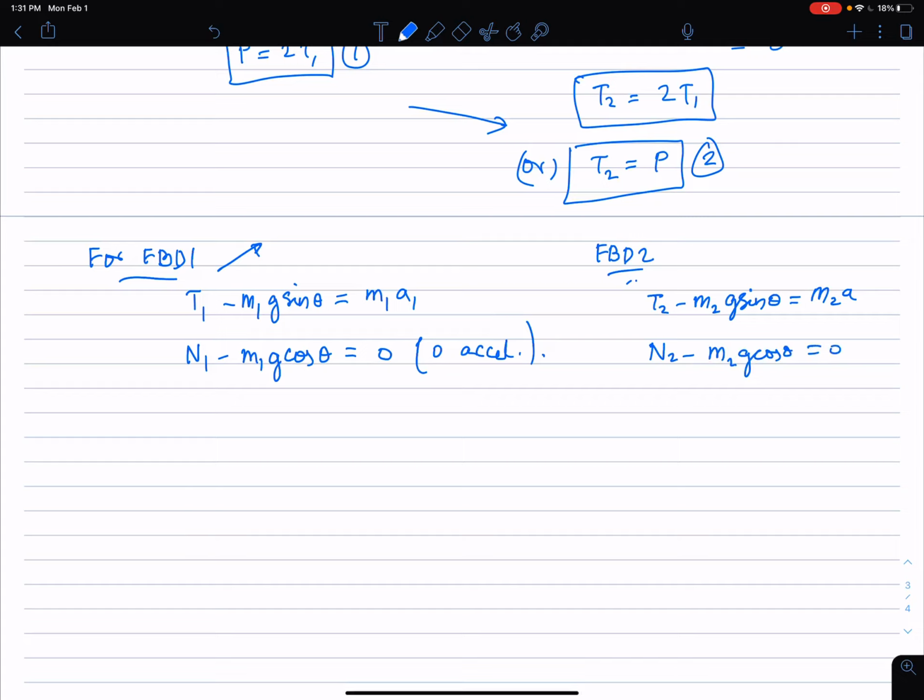Okay, this is upslope. This is perpendicular to slope. Okay, same here. This is equation 3, equation 4, 5, 6.